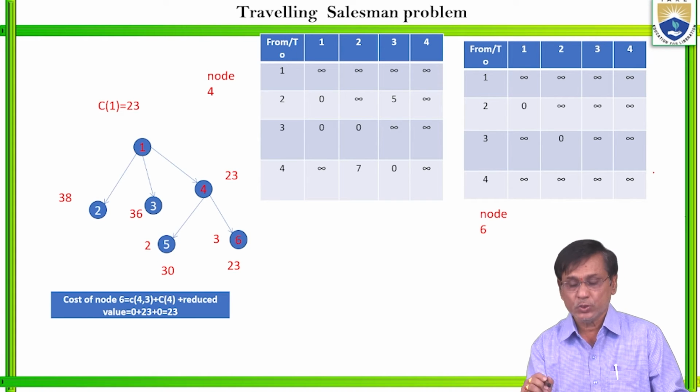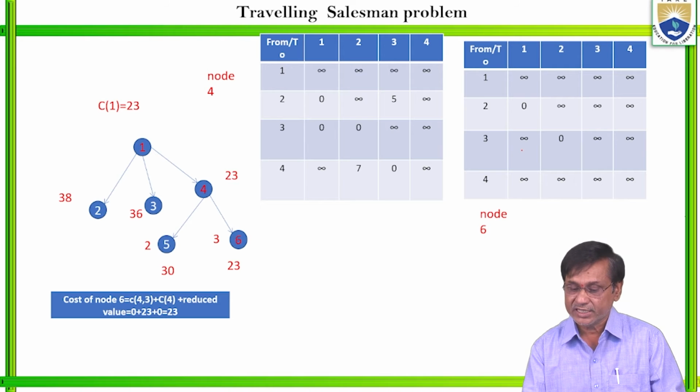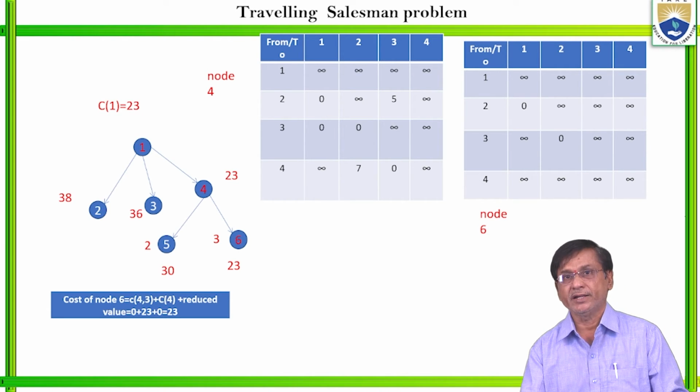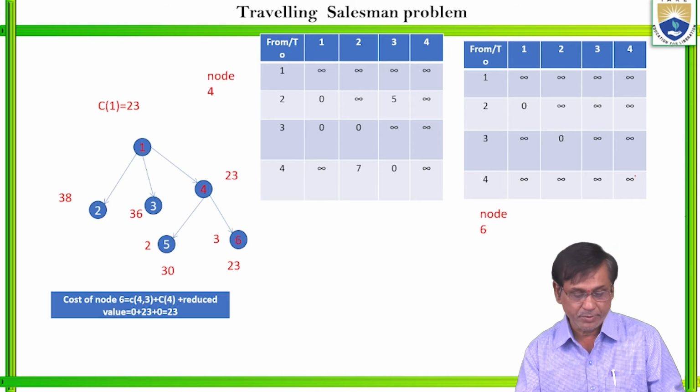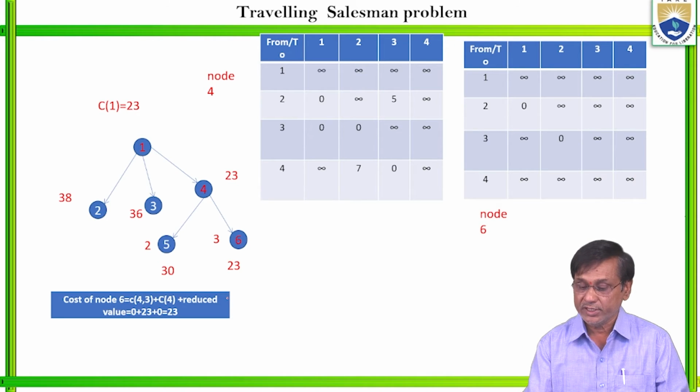After that, 3 to 1 is also to be made infinity. After converting that, we have to check whether there is any possibility to reduce the matrix. In this stage, there is no possibility to reduce the matrix, so we can find out the cost.